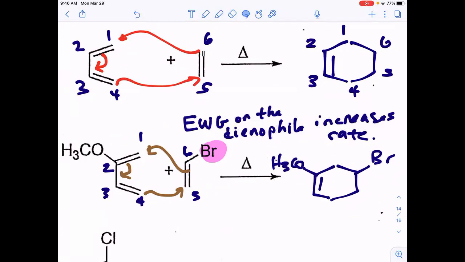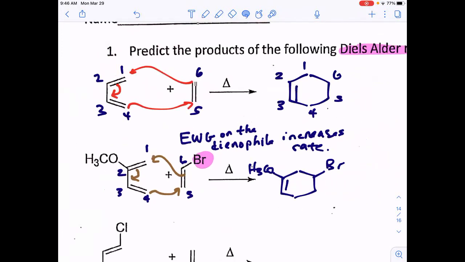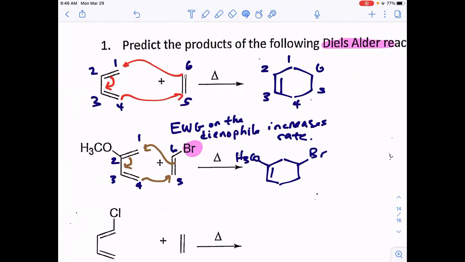If you put an electron withdrawing group like a halogen or a carbonyl or a nitrile, any type of electron withdrawing group on your dienophile, it's going to increase the rate.